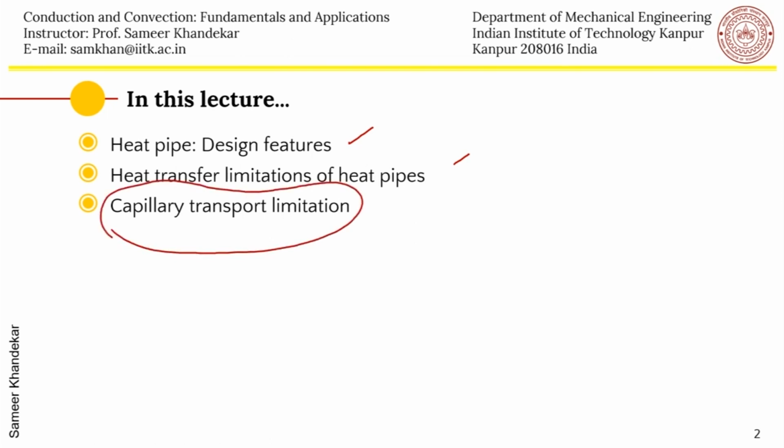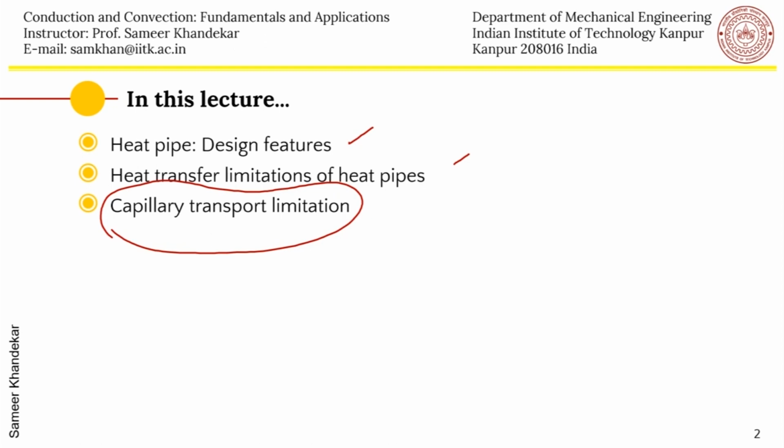As you are aware, in the capillary wick which we use to construct the heat pipe, the pumping is achieved because of the capillary material and because of the capillary action. Therefore, this capillary action depends on the surface tension of the fluid and the radii of the capillary.